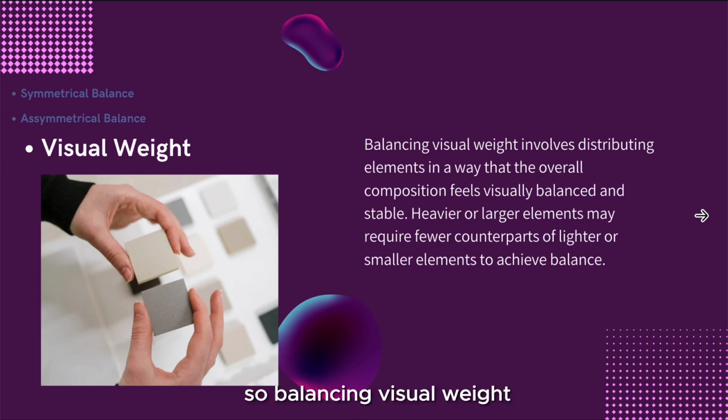So balancing visual weight involves distributing elements in a way that the overall composition feels visually balanced and stable. Heavier elements may require several lighter or smaller counterparts to achieve balance, like we have here.